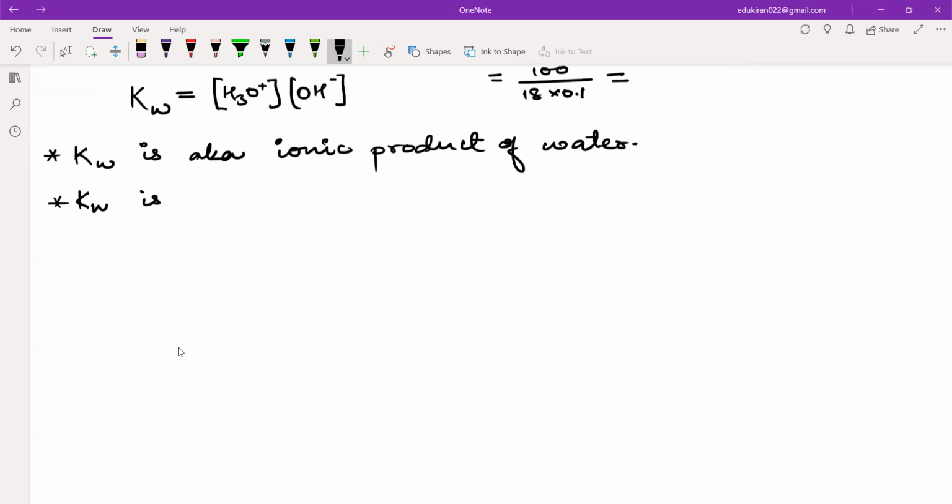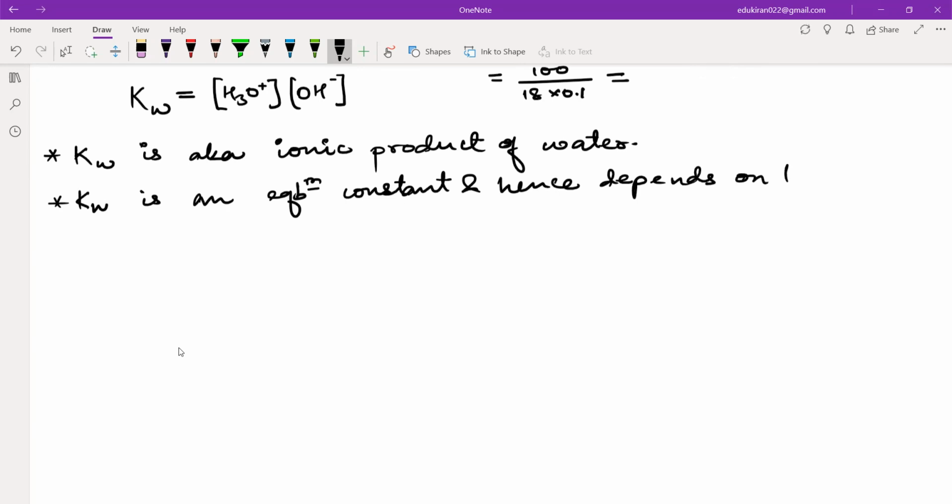Kw is an equilibrium constant, and hence depends on temperature.